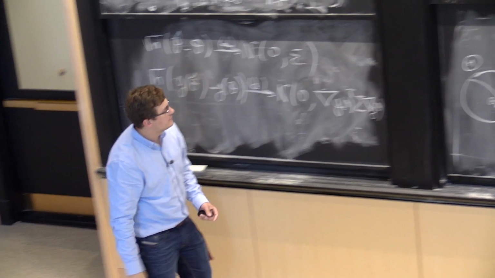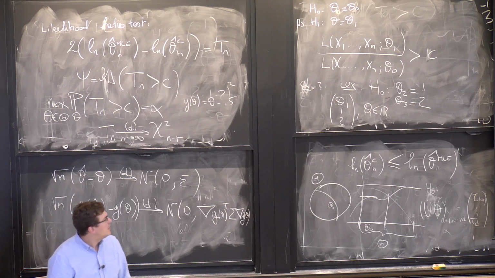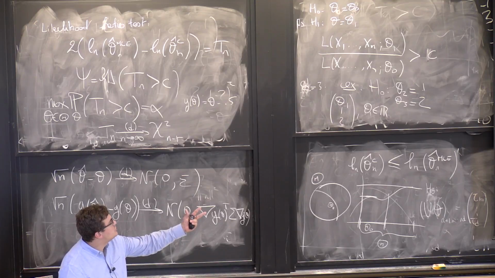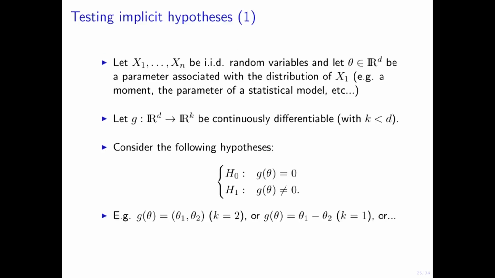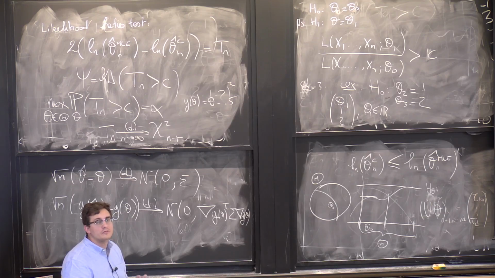Okay, so gradient, and here I assume that g takes values into R^k, right? That's what's written here. g takes values from R^d to R^k, but think of k as being 1 for now. Okay, so the gradient is really just a vector and not a matrix. That's your usual gradient for real valued functions.